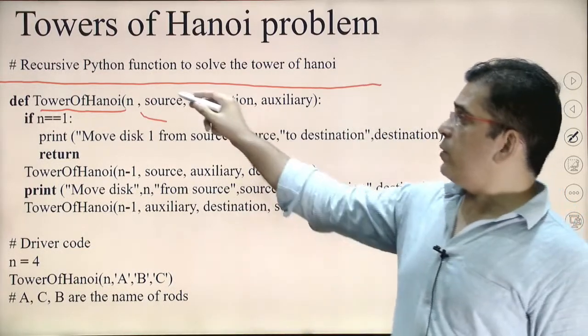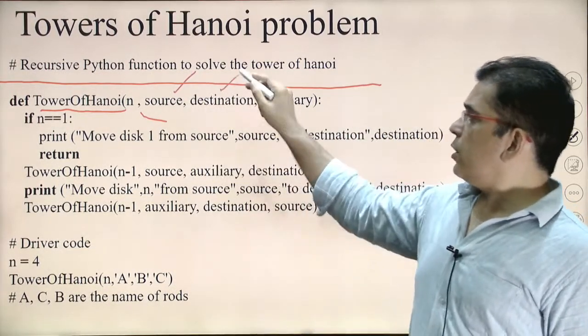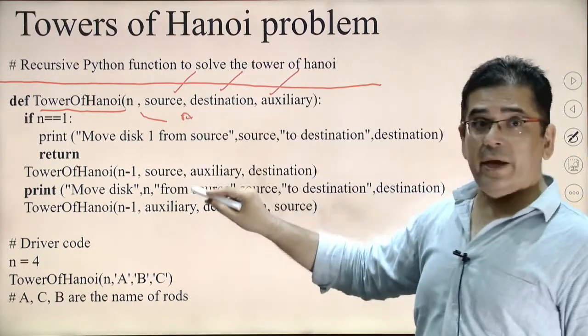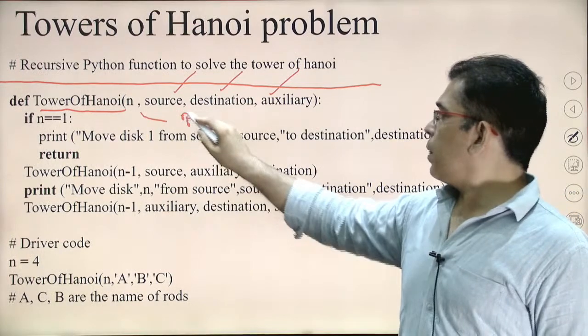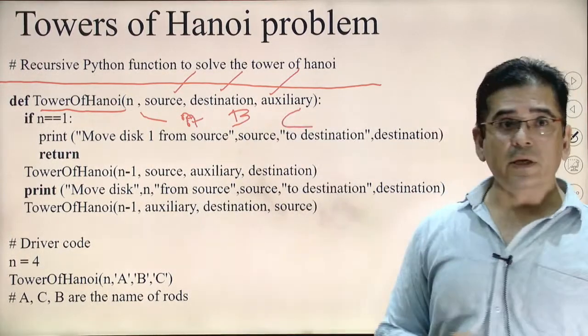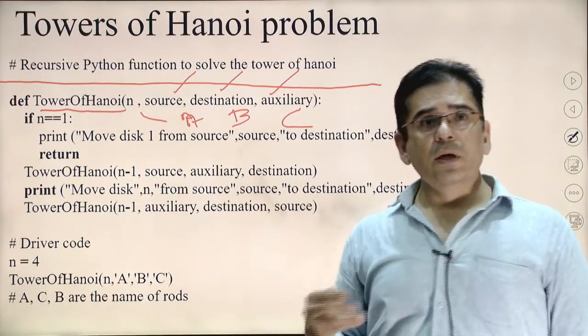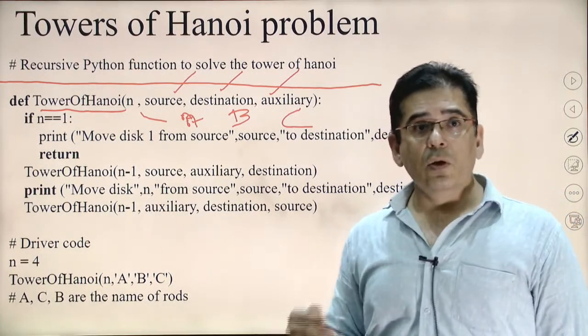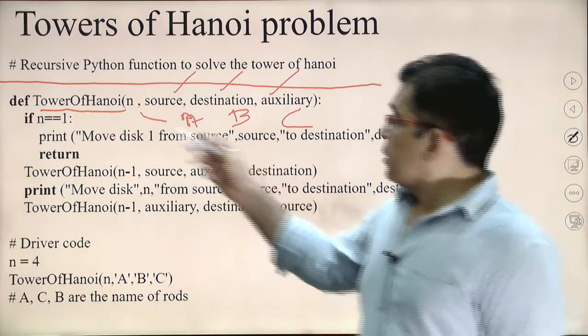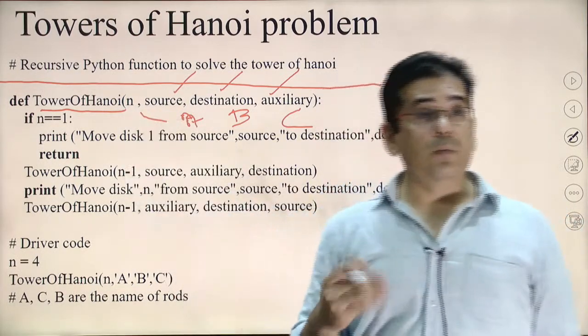The names of the towers given are source, destination, auxiliary. The source can be written as A, destination as B, auxiliary as C. So there are 3 towers named A, B, C or source, destination and auxiliary, and n, which is the number of disks.